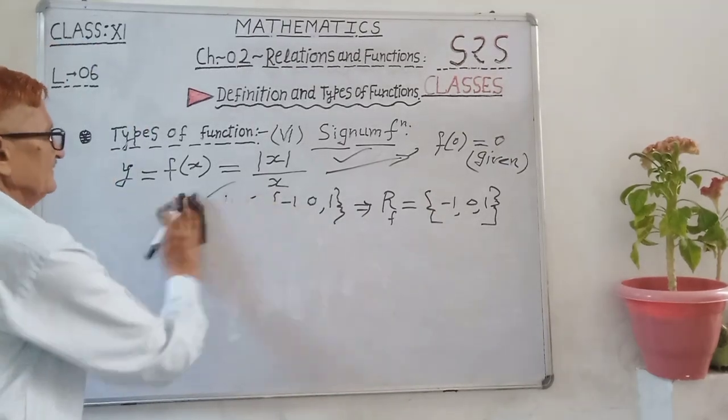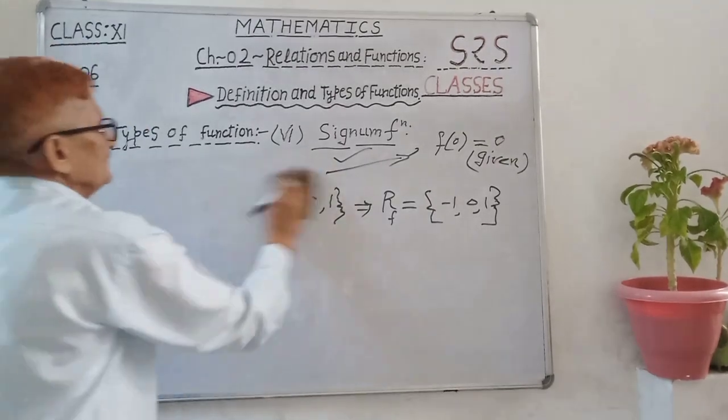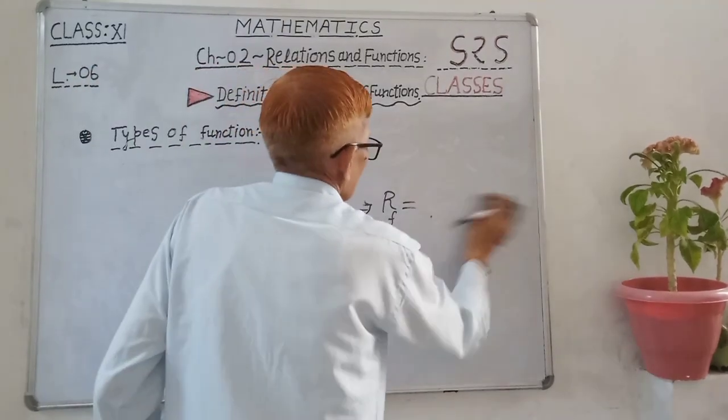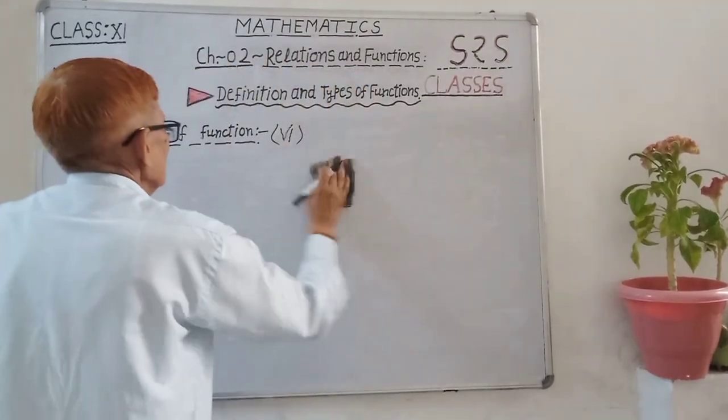After that, next, 7th is the greatest integer function.